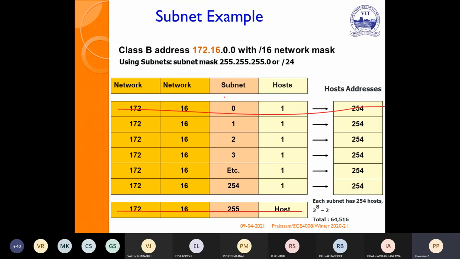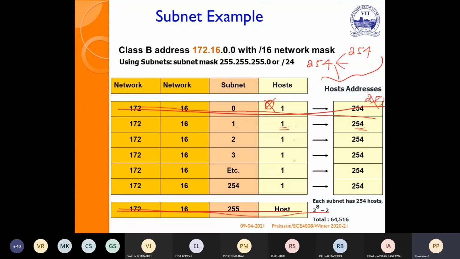So for subnet 0, it varies from 0 to 255, but we are not utilizing 0 and 255, which is why we represent only 1 to 254. The first address we cannot use, and the last address we cannot use. So for each subnet, the usable addresses are 254. For each subnet, I can use 254 addresses.